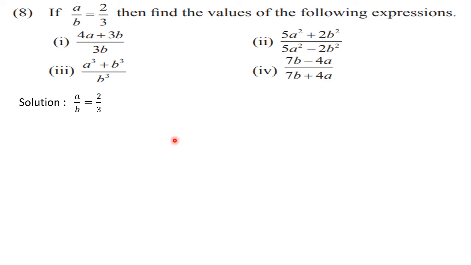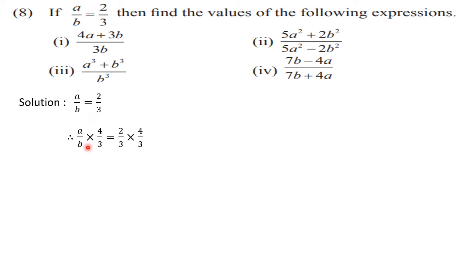So always we have to start with what is given to us, that is A upon B is equal to 2 upon 3. Now let's take the first question here. What you can observe here is the property of componendo is used and here numerator is 4A and denominator is 3B. So in the numerator we are multiplying by 4 and in the denominator we are multiplying by 3.